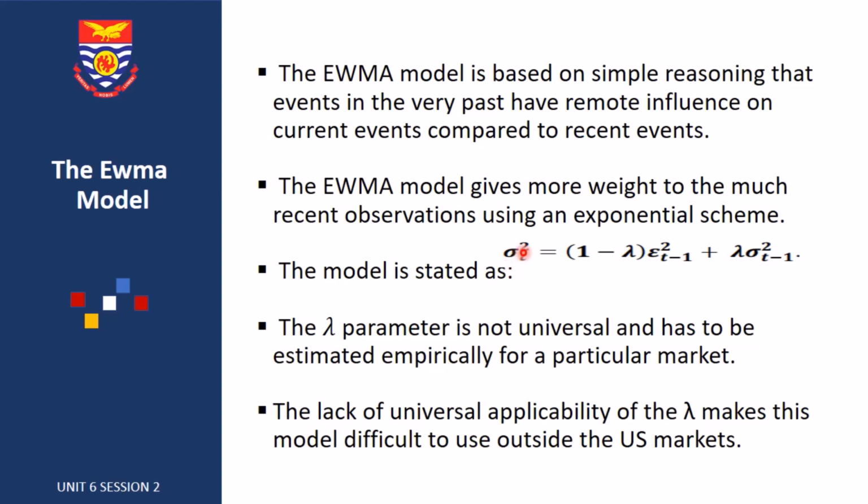That is, this is a measure of risk, which is the variance, and lambda is a parameter which is universal and has to be estimated and recorded for a particular market. So for instance, if we want to predict the GDP growth in the next quarter, we will consider the current GDP growth and perhaps that of the past 2 quarters, rather than considering the GDP growth for the past 10 years, because it is quite old.